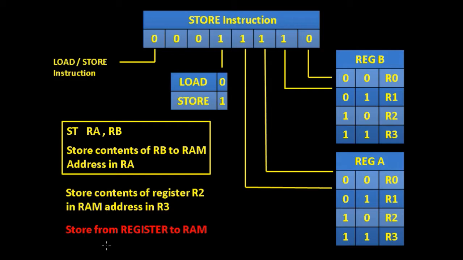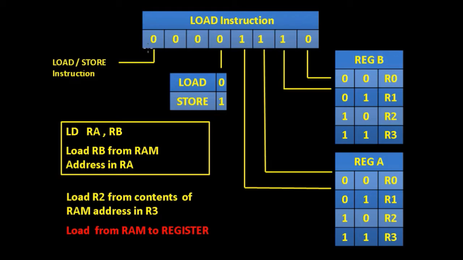So a store instruction really is from register to RAM. We're taking contents out of the register and putting it into the RAM. Let's look at the next instruction, which is the load instruction.